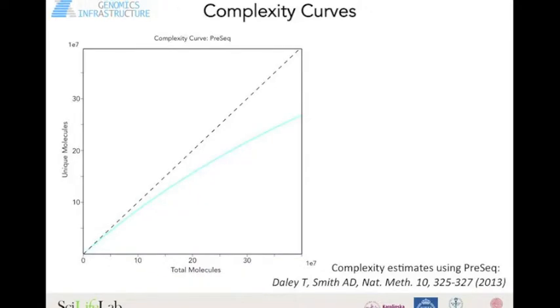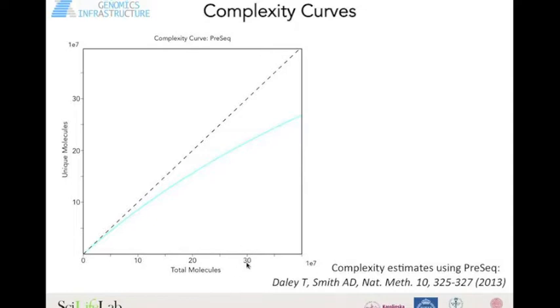And we're going to be looking at these types of curves. These are complexity curves made with the tool called PreSeq, and if you want to know more about it, you can follow the reference to the publication. But what we see on the x-axis is the total number of molecules.